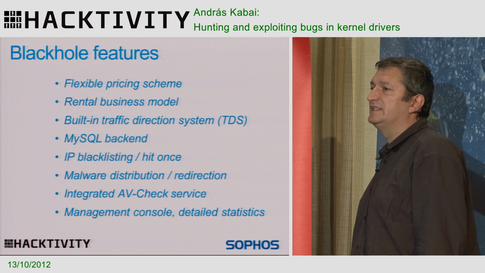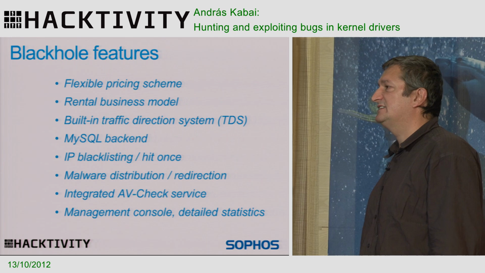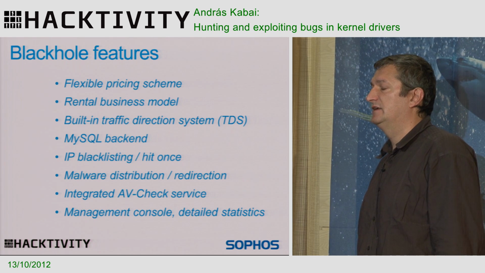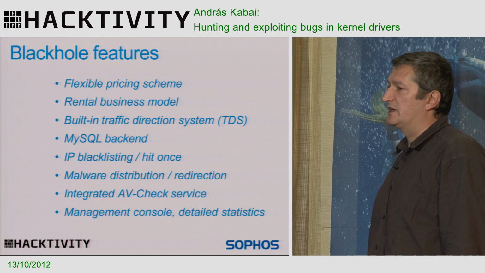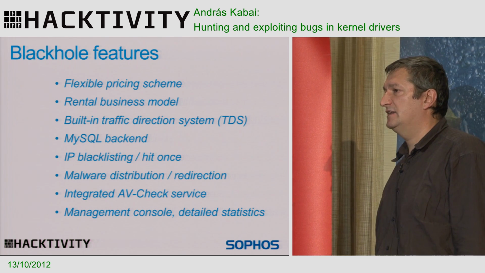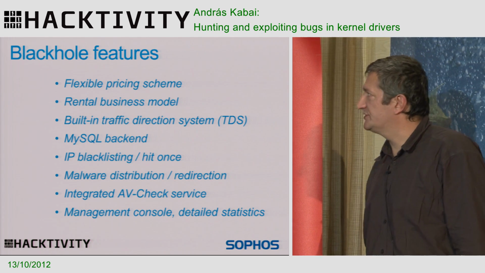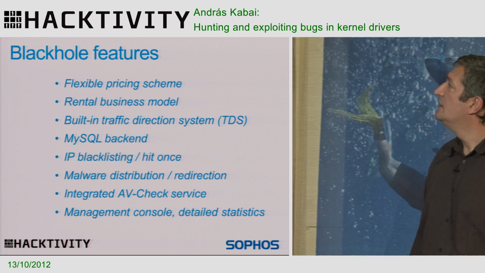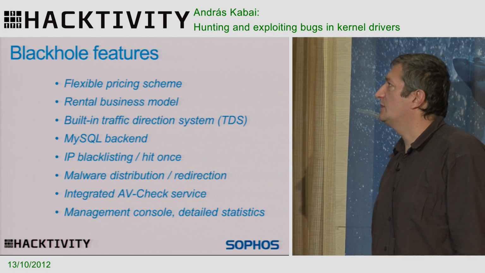The Blackhole kit is an exploit kit, which means that it is a server-side collection of programs. It has a SQL backend, a PHP admin interface and PHP working functions. It has a very flexible pricing scheme, a rental business model.